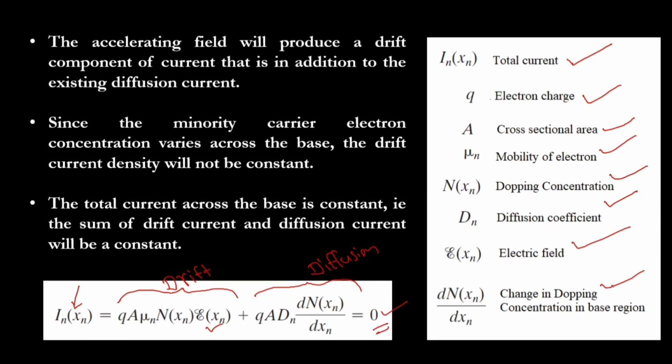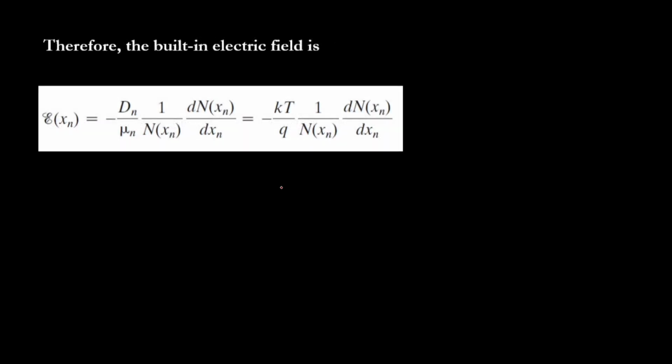It's continuously changing, right? So we take a small dx, small area, and the respective doping concentration. This is the only way we can represent that, d/dx of n(x). If at equilibrium this is the case, I can equate these.